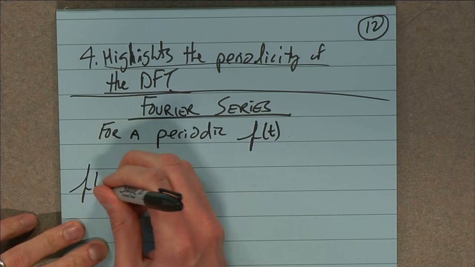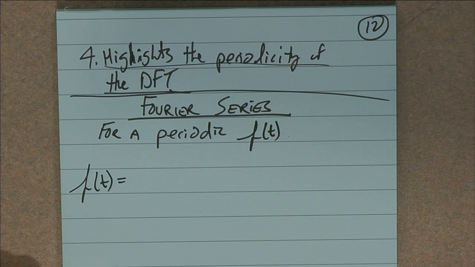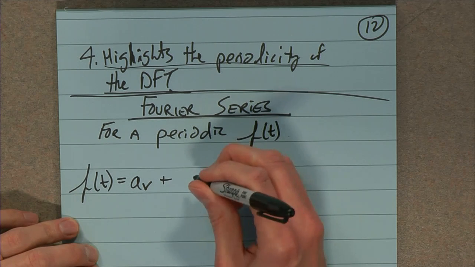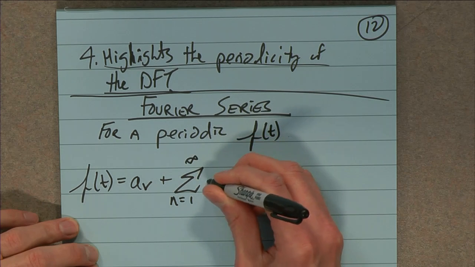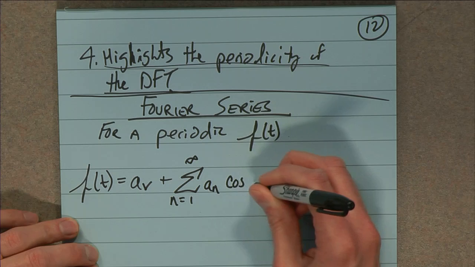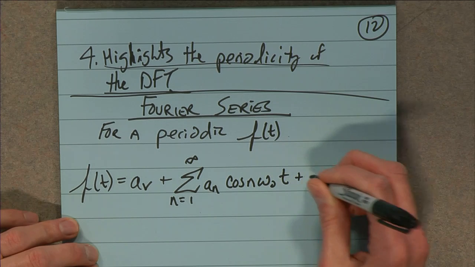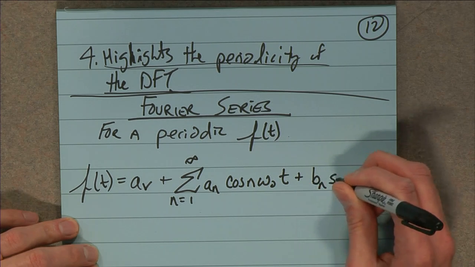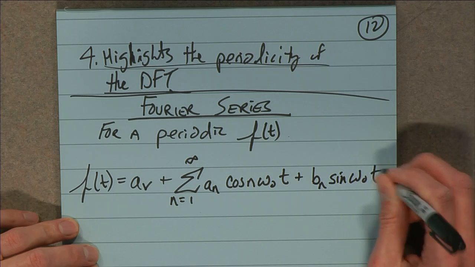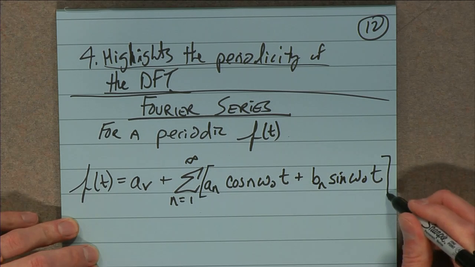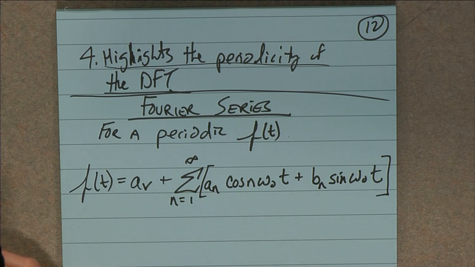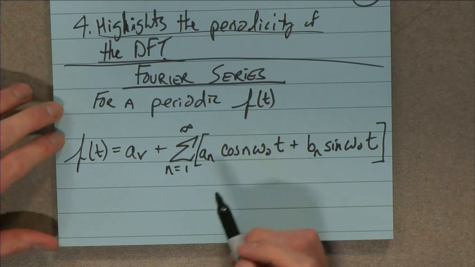We could rewrite this f of t, a continuous function of time, as A sub v plus the Fourier coefficient parts: the a's were cosine and the b's were sine. This whole thing has an infinite number of harmonics, so n goes to infinity.